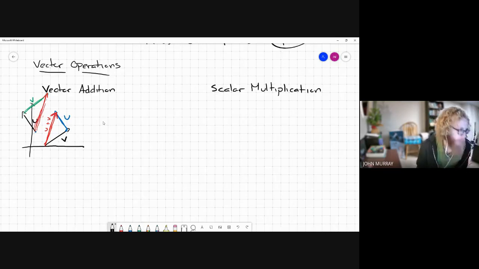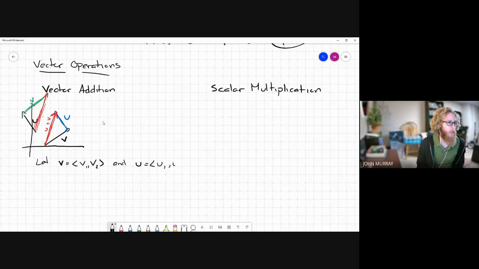It might be a little easier when we're looking at it numerically. So we have our v vector, v1 and v2. And we're going to have our u vector, u1 and u2.